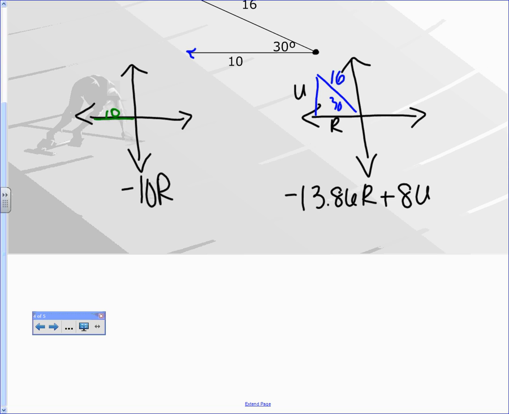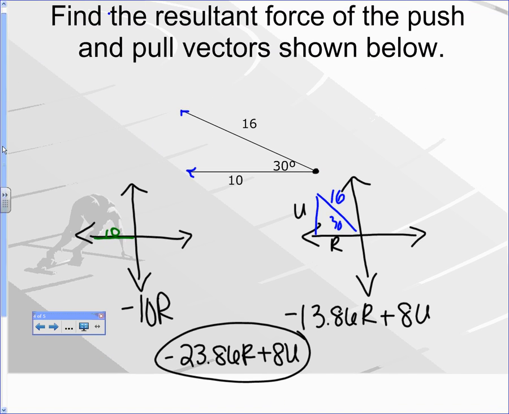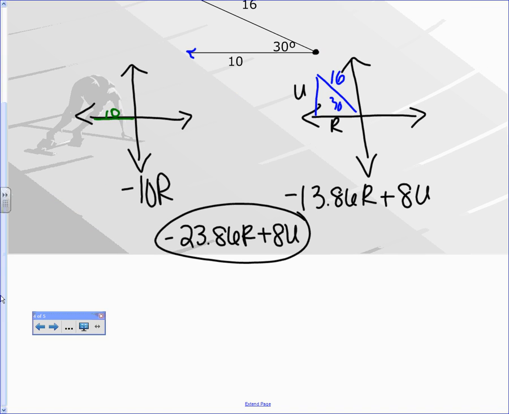Okay, so how do I find the resultant? All right, what would you get? What form is that? Okay, but we gotta find polar.